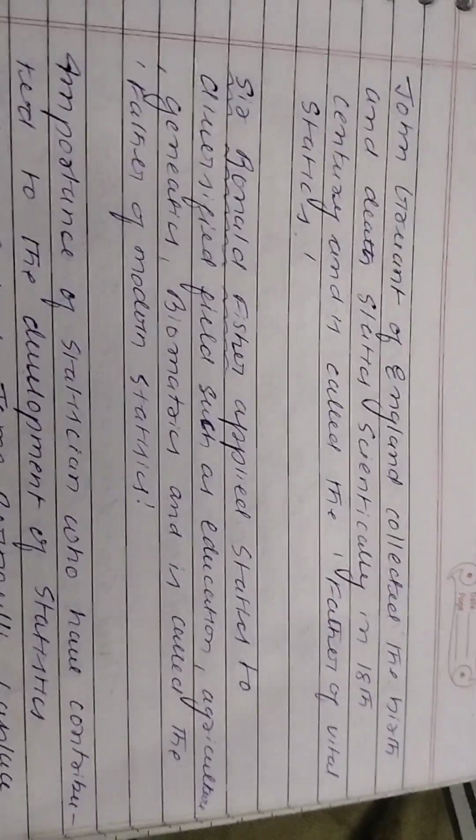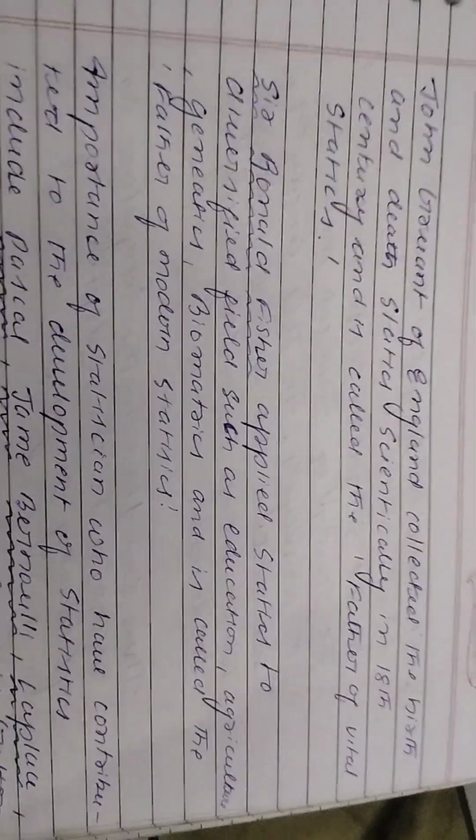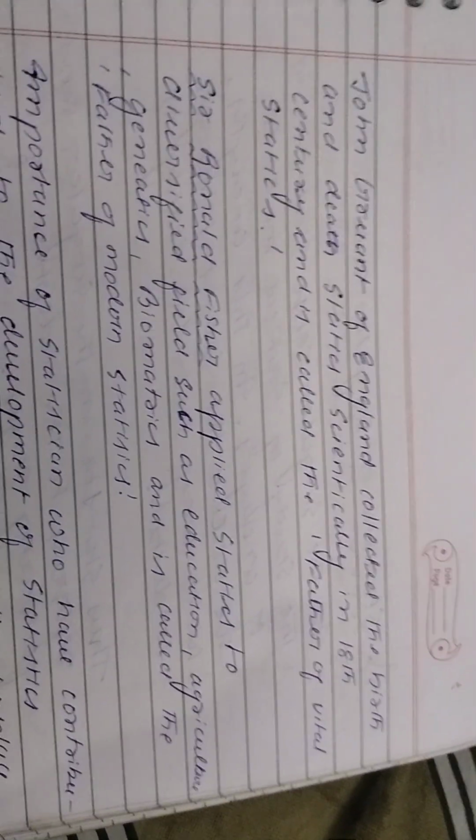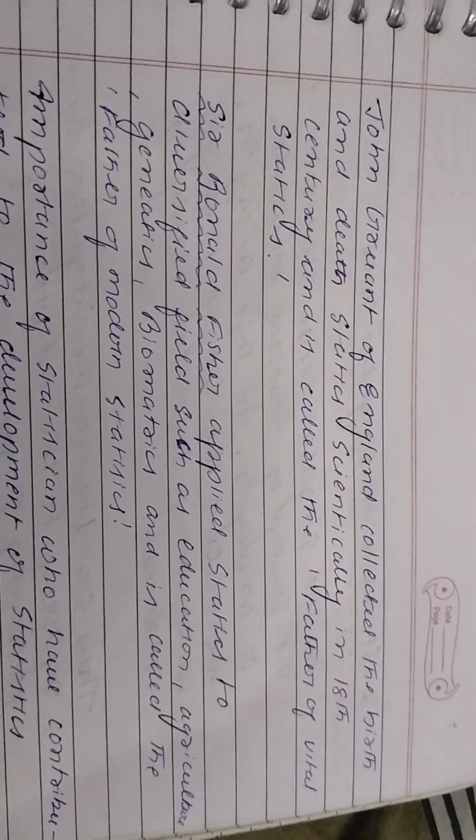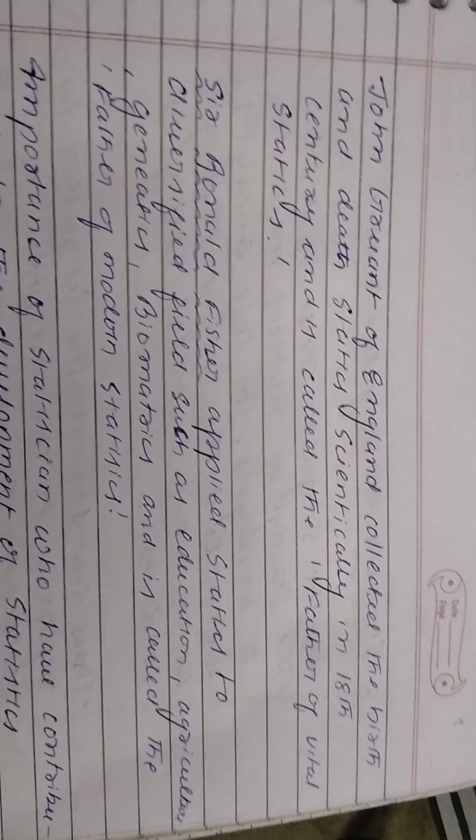For example, with biometrics you have to sign in to show how many students have attended classes or exams. So biometrics serves education, agriculture, and genetics, and he is called the father of modern statistics.